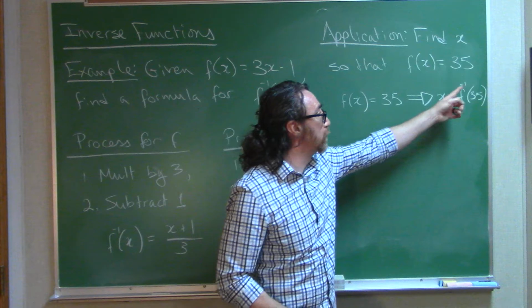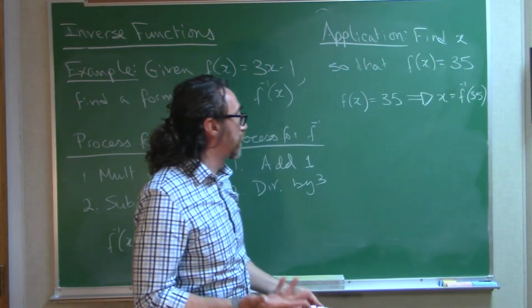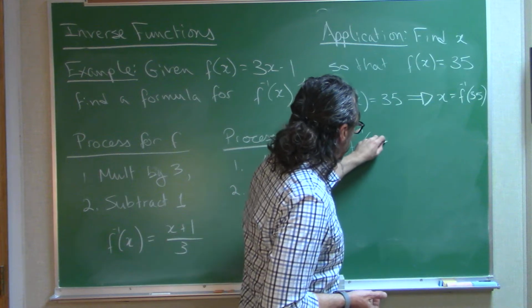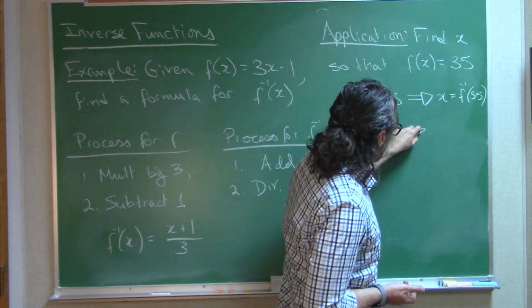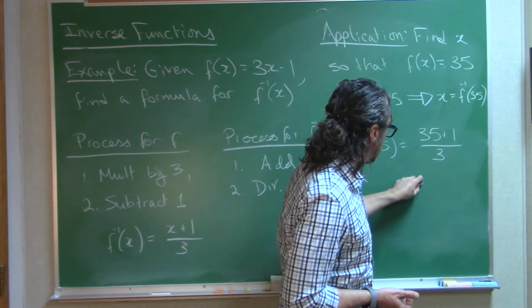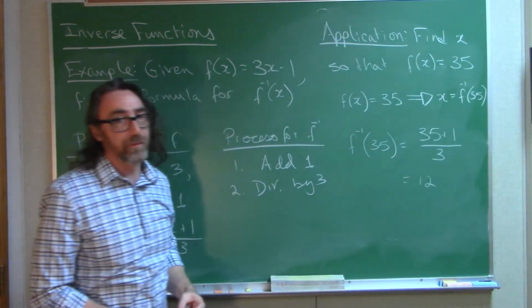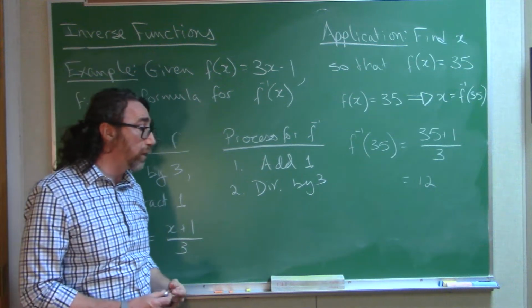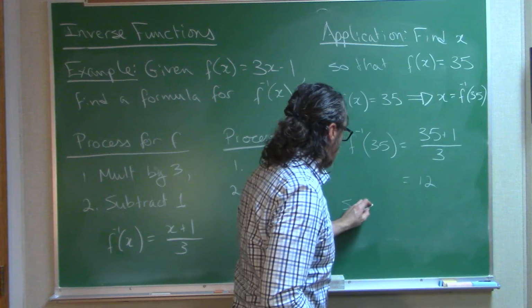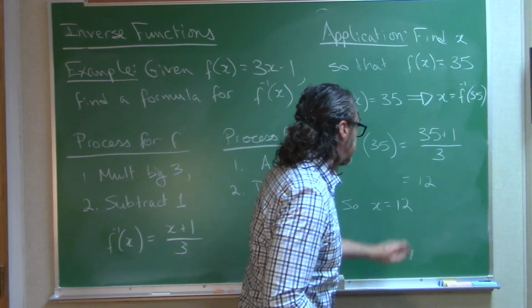So the input I should use is f inverse of 35. And since we have a formula for f inverse, which says you take your input and then add 1 and divide by 3, we can see f inverse of 35 is 12. So x equals 12, okay?